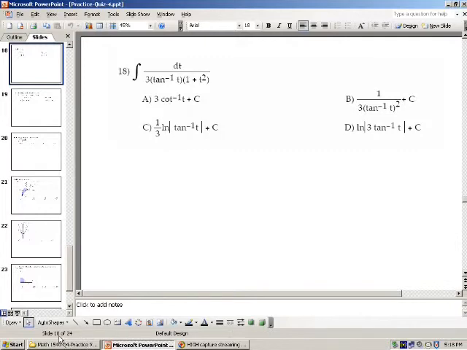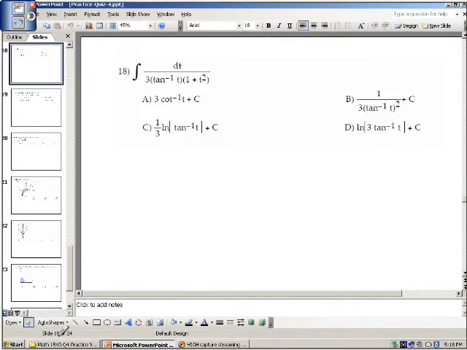Number 18 is a little bit similar. One of the things to notice is that the derivative of the inverse tangent is 1 over 1 plus t squared, and you have an inverse tangent right here. So let's think about using a substitution of u equal inverse tangent of t.